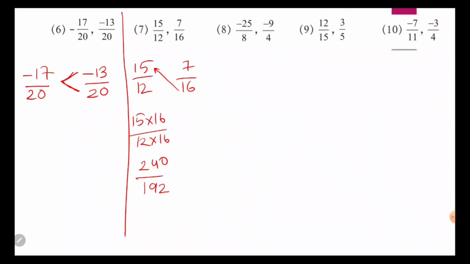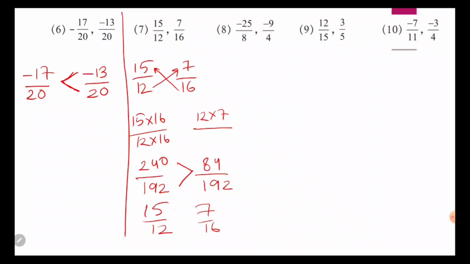Now if I multiply 12 by 7, it will be 84, and 16 multiplied by 12 is 192 again. So I can say that this number is greater. अगर यहाँ पे ये number greater आ रहा है, that means in 15 upon 12 and 7 upon 16, 15 upon 12 is a greater number. Okay, this is how we solve it.